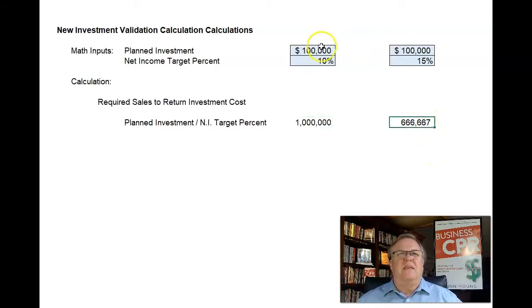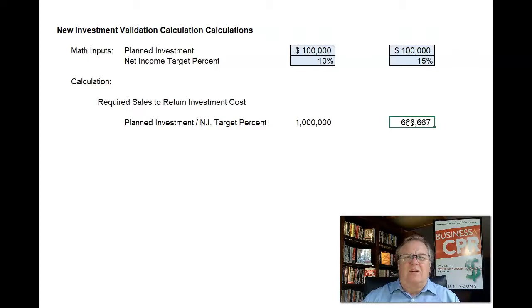See, the key is these two levers, these two numbers, and so what this business needs to do is they need to sell at least $1 million. But if they can improve the net income, then they start making real money on this investment once they pass the threshold. So that's the power of this calculation.